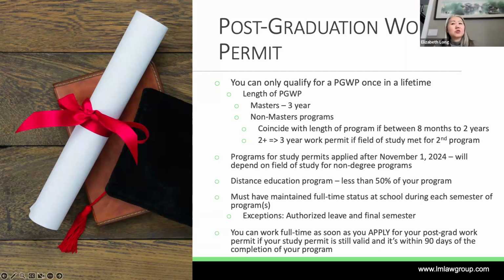Because you lose your student status after 90 days of you finishing your studies. So if you apply after the 90 days, you won't be able to work while waiting for your work permit. If you apply within 90 days and while your study permit is still valid, then you can work while you're waiting for your work permit, as long as you stay in the country while waiting.